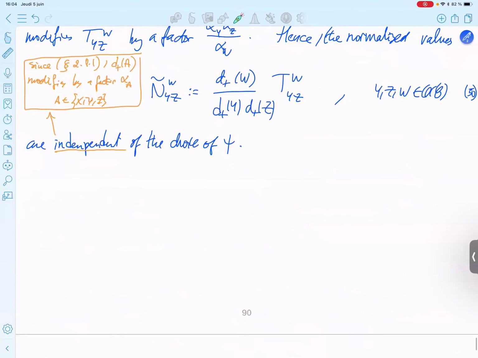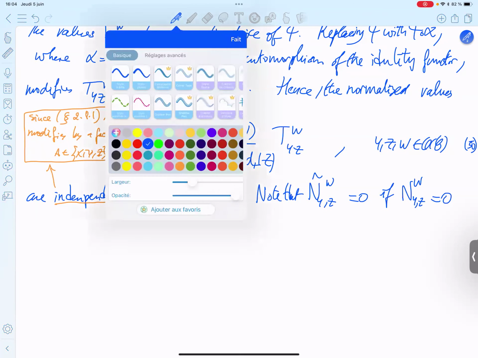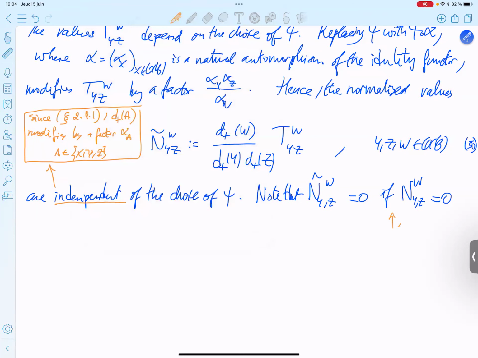So in particular, note that N tilde YZW is equal to 0 if this multiplicity is equal to 0, since the Hom space must be 0.